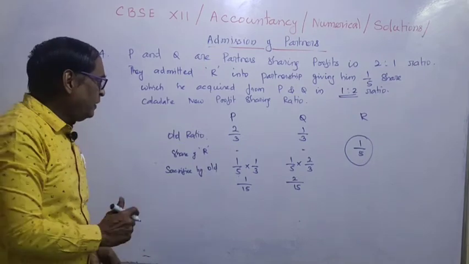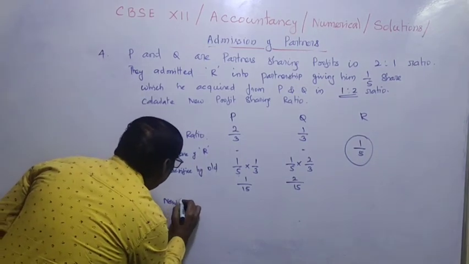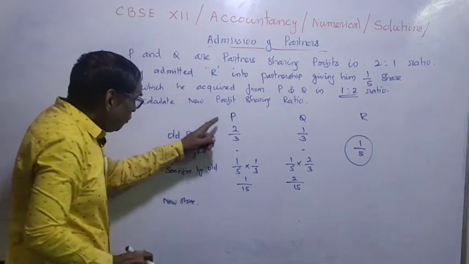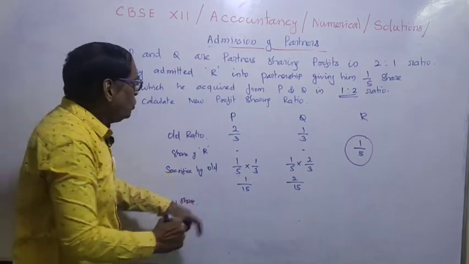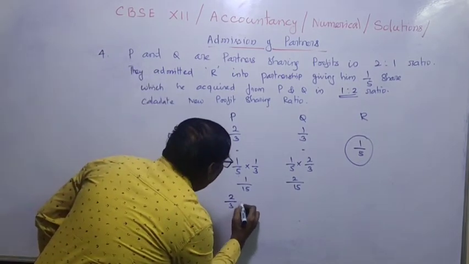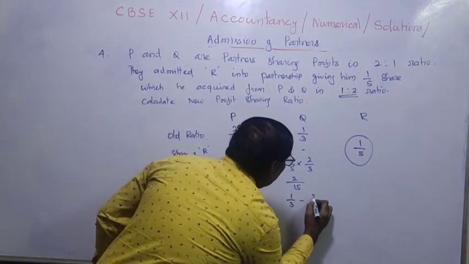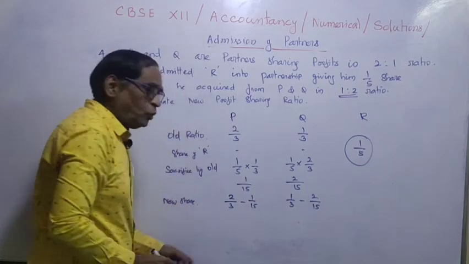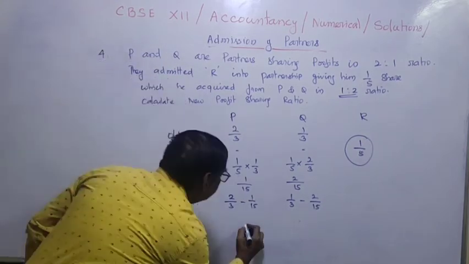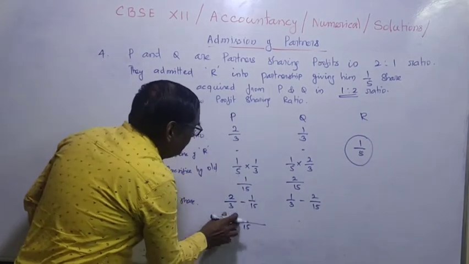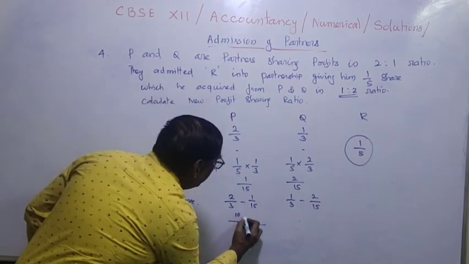So the new share will be the old minus sacrifice. So 2 by 3 minus 1 by 15. Here 1 by 3 minus 2 by 15. So if we take LCM 15, 5 times, 5 into 2, 10.